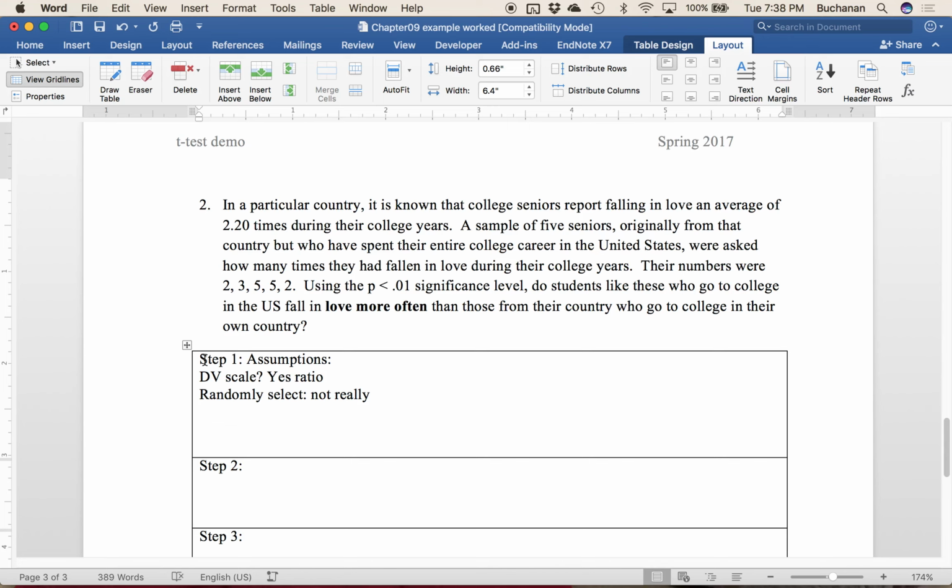That's kind of against the law. So we probably don't know all of our international students. Can I randomly assign? No, because they are what they are. They're international students. And is this data normal? Don't know, and n is less than 30, so not really. I can't assume normality. It might be, but since I only have 5 people, I just don't know.